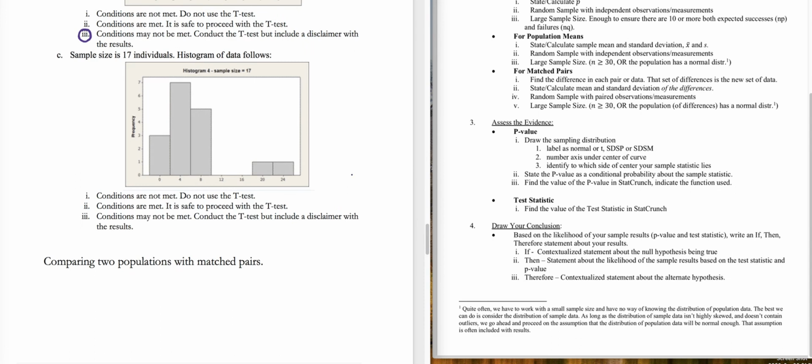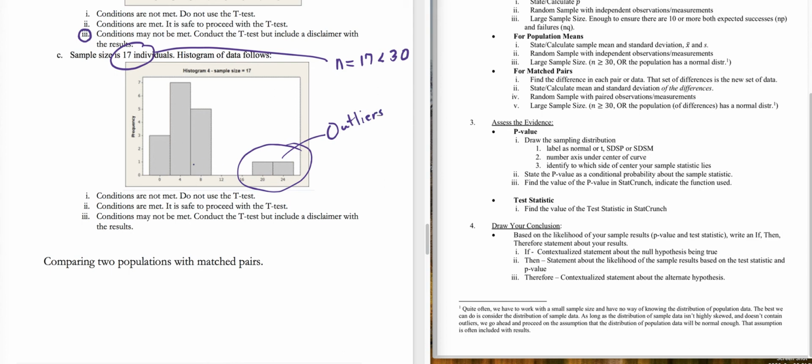Okay, last one. I have 17 individuals. So our sample size of 17 is less than 30. We do need to consider the distribution of our sample data, and hopefully what's jumping out at you here is these outliers over on the side.